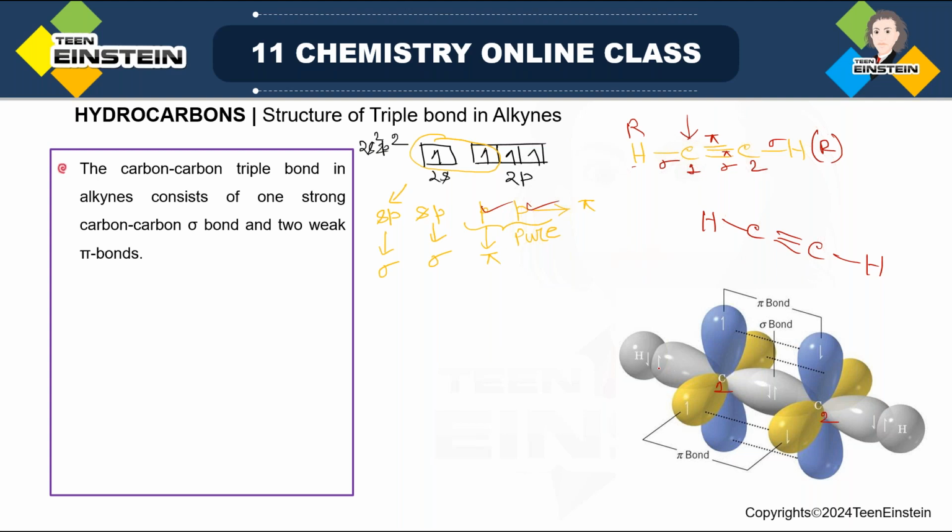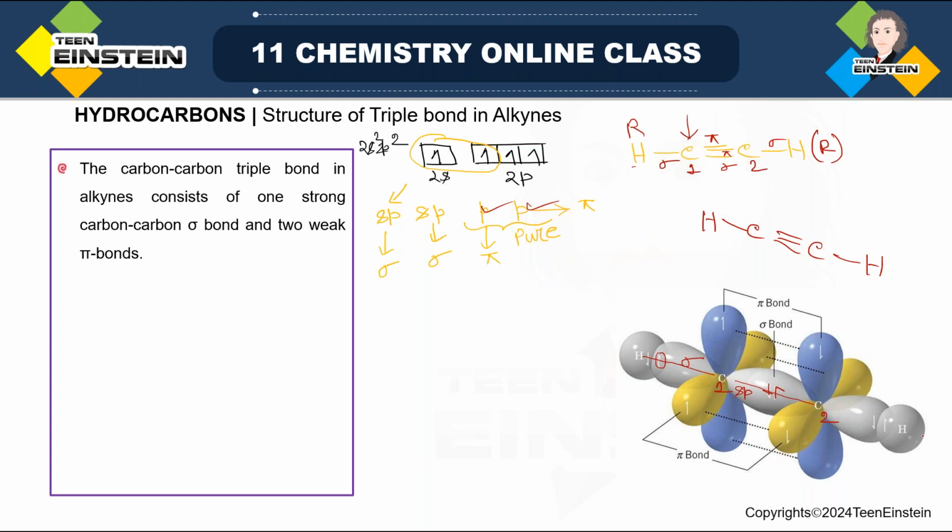So carbon 1 is using one electron for this sigma bond formation. So this is the sigma bond. Carbon is using another sp hybridized orbital for bond formation with the other carbon. So this electron is coming from the left-hand side carbon, another electron is coming from the other carbon. Now 2 sigma bonds are done.